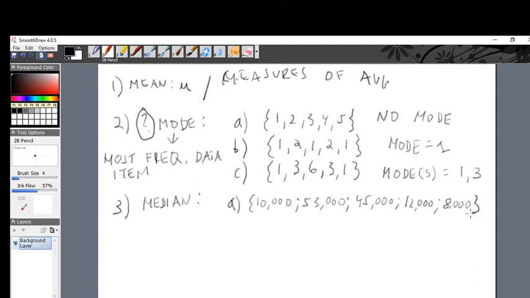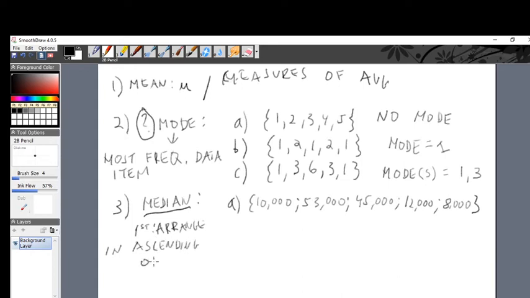5 data items. Now, when you're dealing with a median, first arrange them in ascending order. If the problem is nice to you, they'll put it in ascending order for you already. But if it's not nice to you, like this problem, then first you must arrange the data in ascending order, from smallest to highest.